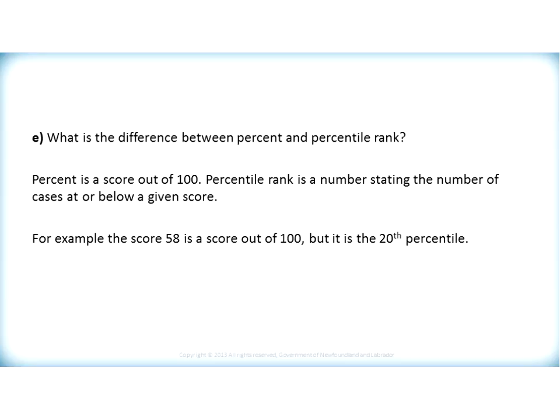So the percentile rank is a number stating the number of cases at or below a given score. For example, in the example we just looked at, the score 58 is the percentage, the score out of 100. But we said it's the 20th percentile, because 58 out of 100 is better than 20% of the averages in that class.